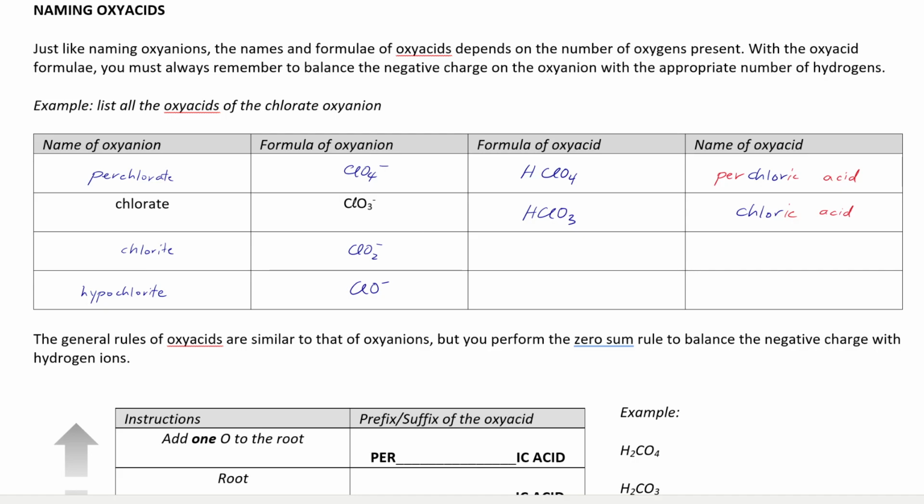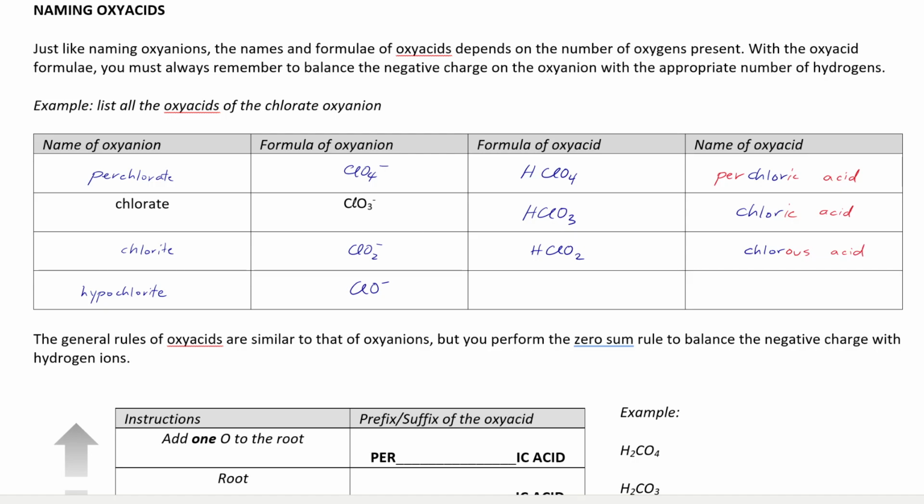Chlorite, where we've reduced the oxygens of chlorate by 1, would be HClO2. Instead of chloric acid, we would have chlorous acid.